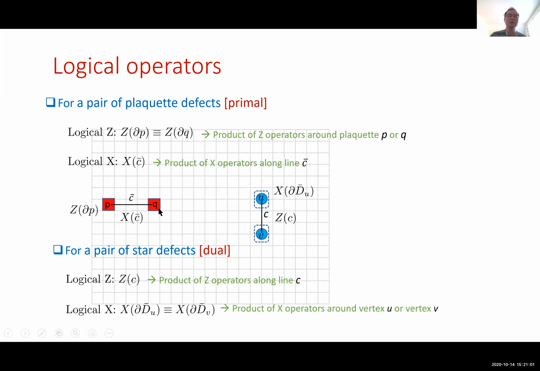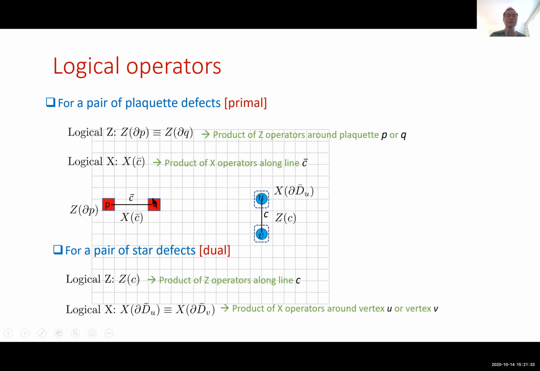And this one as well. The only constraint is the product of these two plaquettes is 1, so it's in the stabilizer. So I can choose this as a logical Z, and then I just need to find one that anti-commutes with my logical Z, but commutes with all stabilizer operators. The natural choice is this line, meaning X cut across all these, okay?